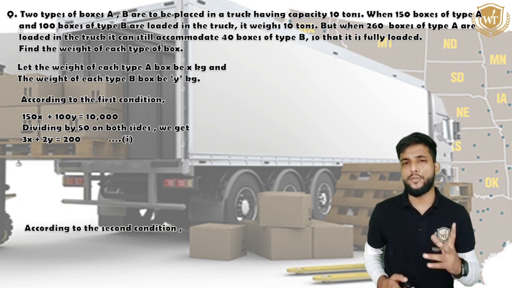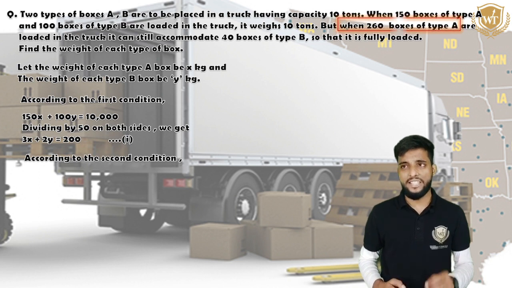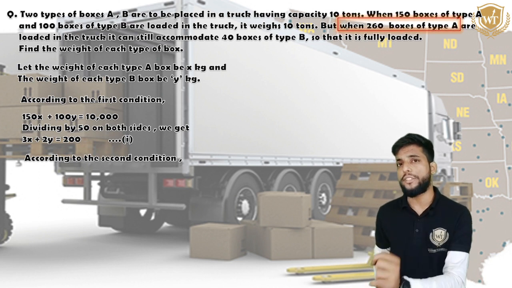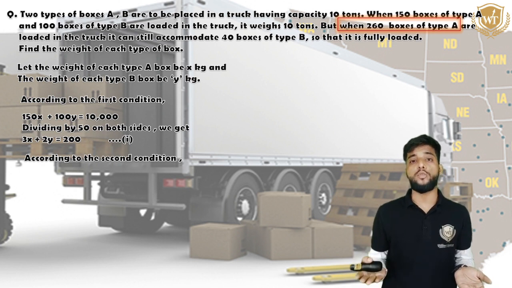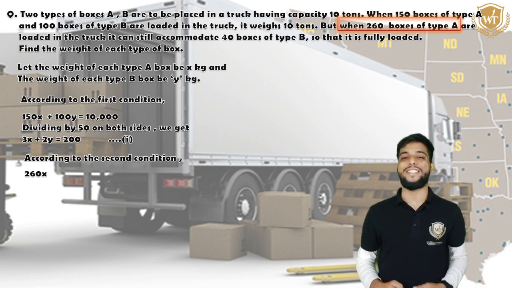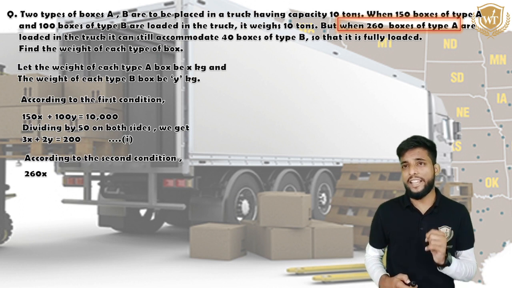Now students, let us focus on the second condition. It says 260 boxes of type A. Weight कितना हो जाएगा? 260 into weight of each box, which is x. मतलब 260x are loaded in the truck.